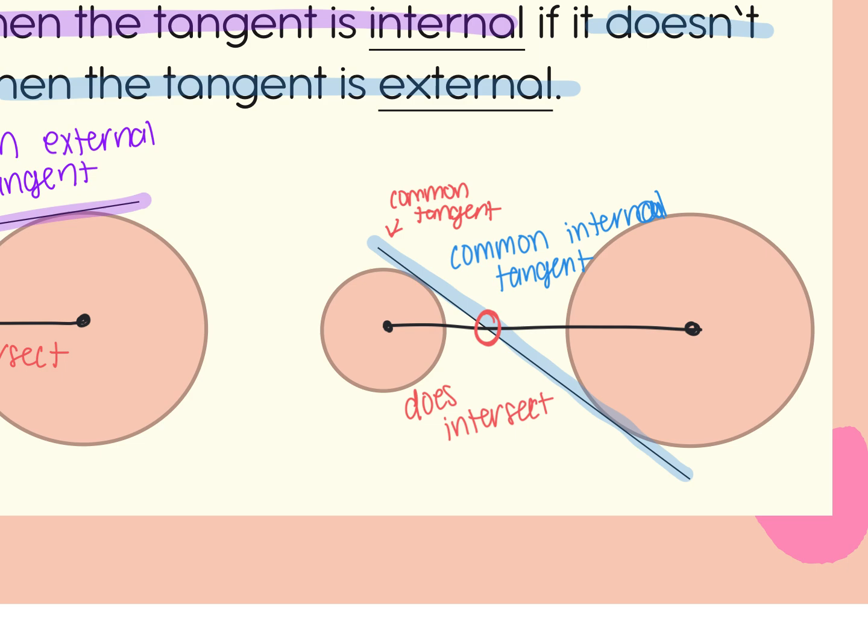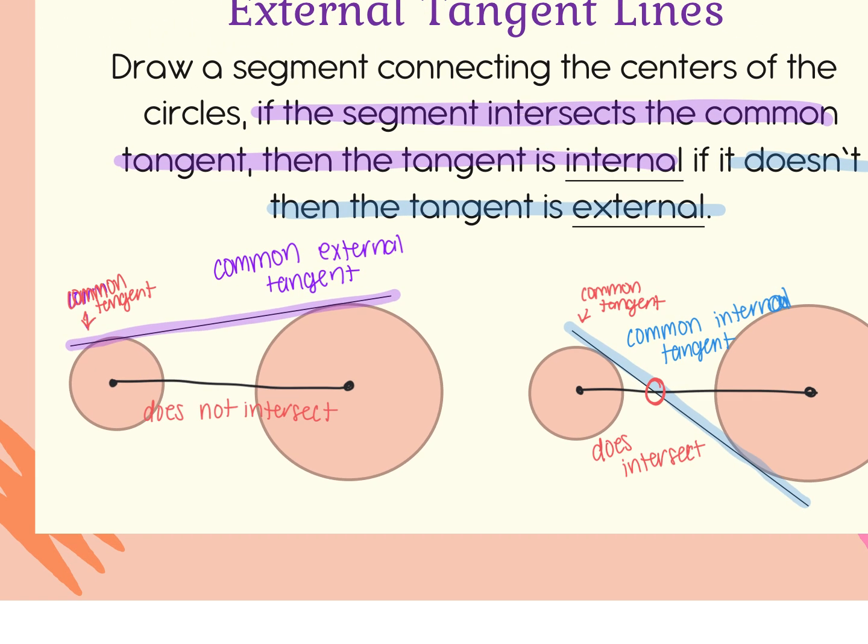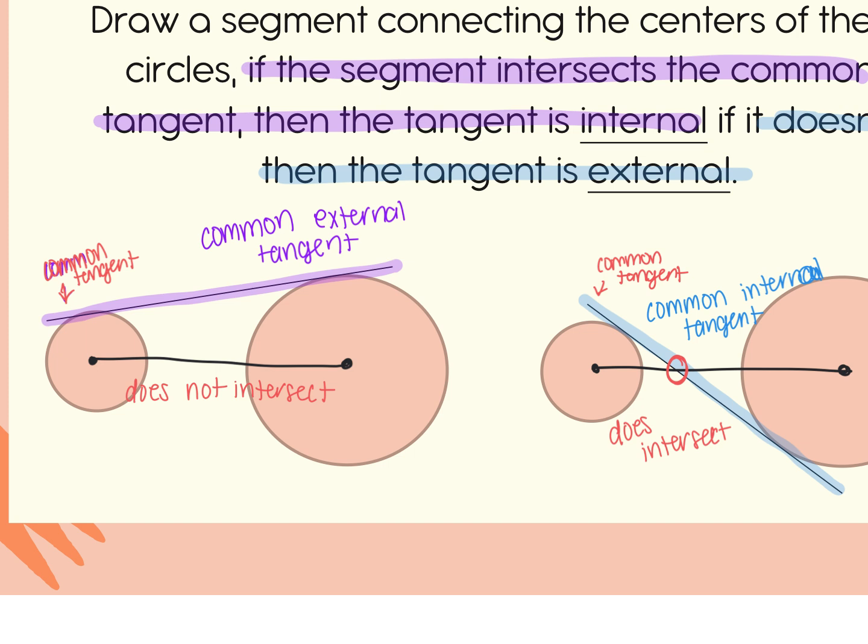Okay, it intersects. So internal intersects, external does not intersect. Okay, so make sure you guys know the difference. And again, make sure you know where my common tangents can be. There are multiple. It could also go either way diagonal, and it could go from the bottom. So make sure you understand where you can have your common tangents.